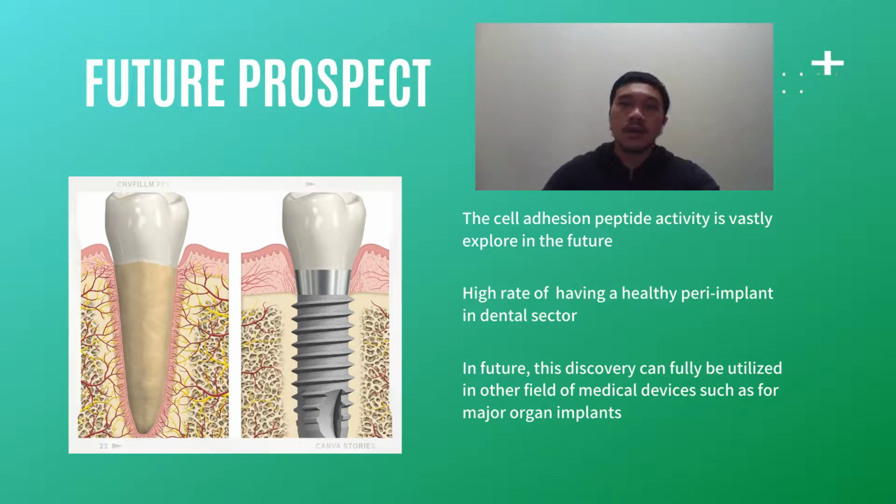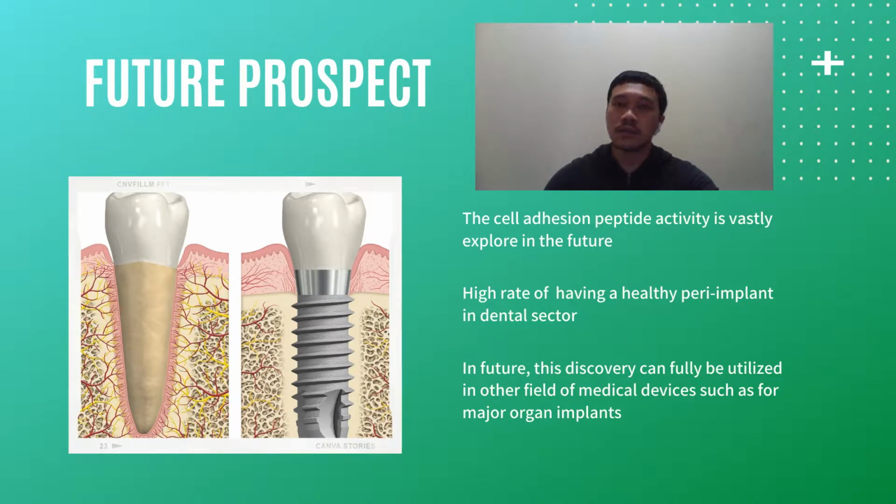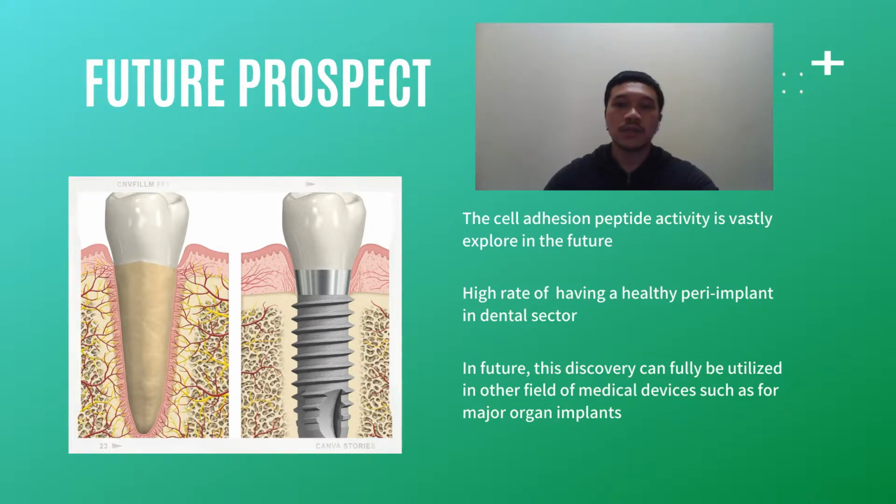And lastly, for our future prospect, we wish that cell adhesion peptide activities are vastly explored in the future, and thus will increase the rate of having a healthy peri-implant in the dental sector, and that in the future this discovery can be fully utilized in other fields of medical devices such as major organ implants.